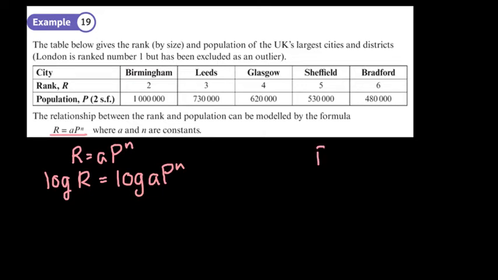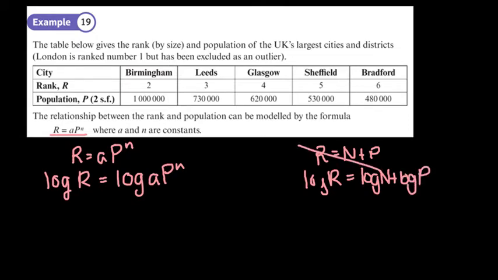So if this had been, say, R equals N plus P, that is not the same as log R equals log N plus log P. That's utter rubbish. Don't ever do that. It doesn't make any sense. All we can do is apply a single log to the equations, so you get log of the whole thing equals log of anything else on the other side.